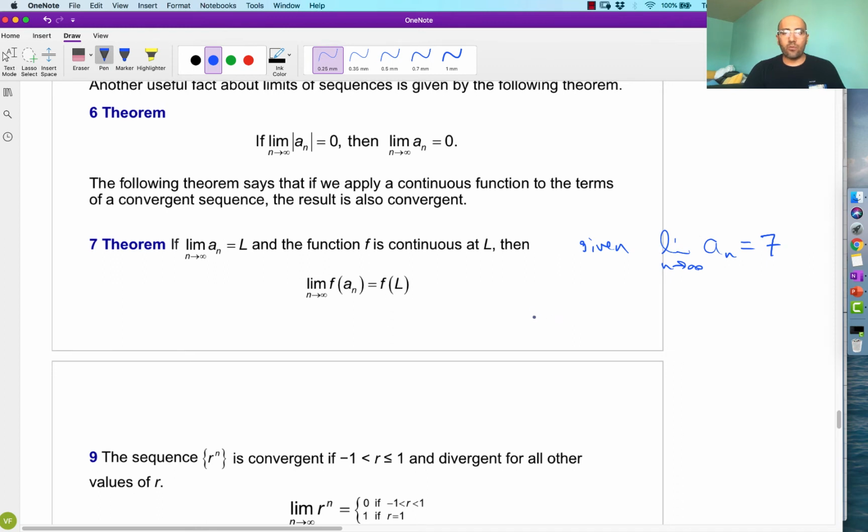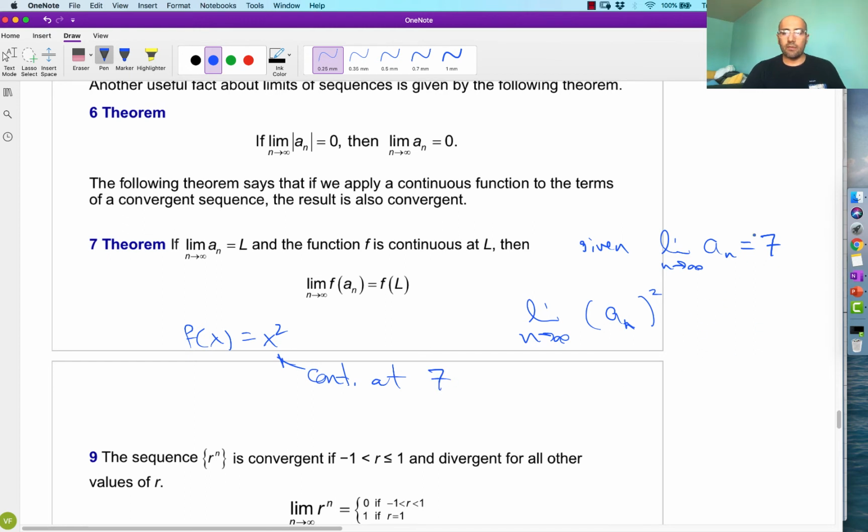And we're trying to figure out the limit as n goes to infinity of, let's say, a sub n squared. Well, if we think of this function as the squared function, f of x equals x squared, this is continuous at 7.